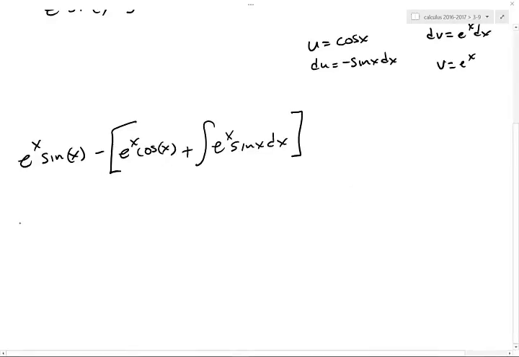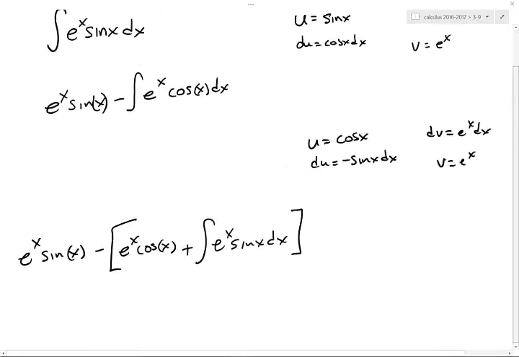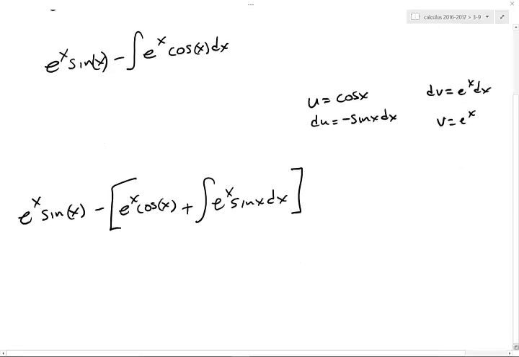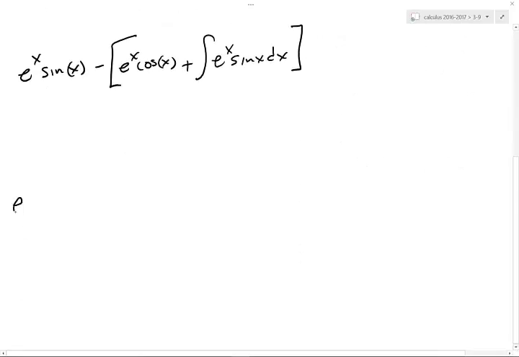Okay. The original equation was what? It was e to the x sine x, correct? Now, just allow me to put this side back over here. I'm just going to rewrite. That's the original problem, and so far we have that it's equal to this. If you distribute the negative, you're going to get this.